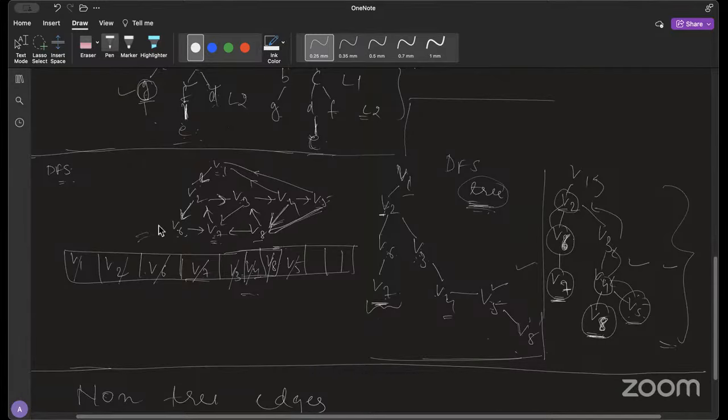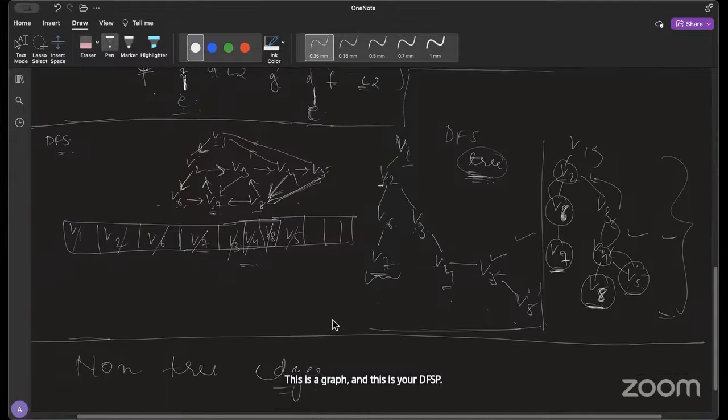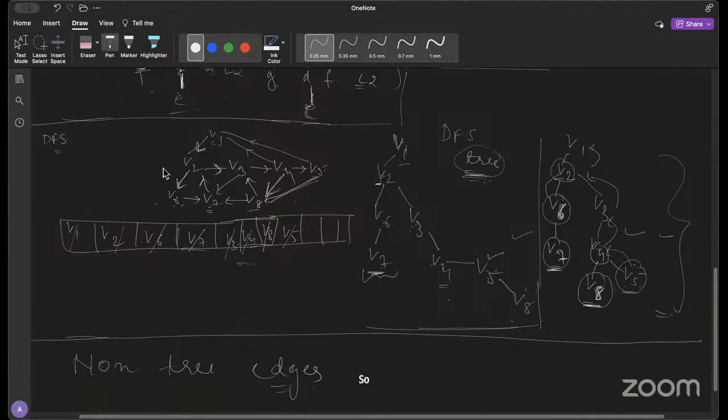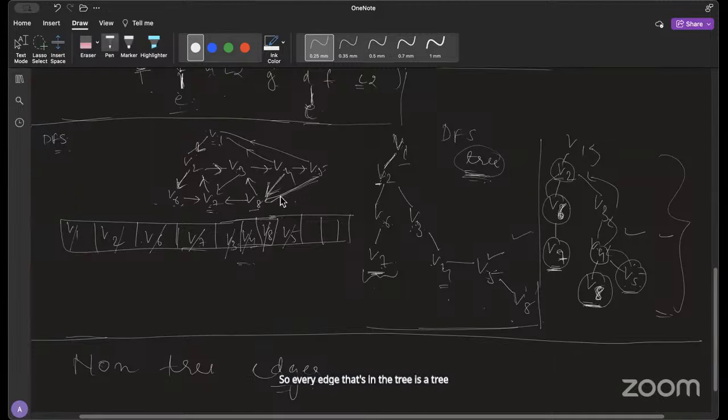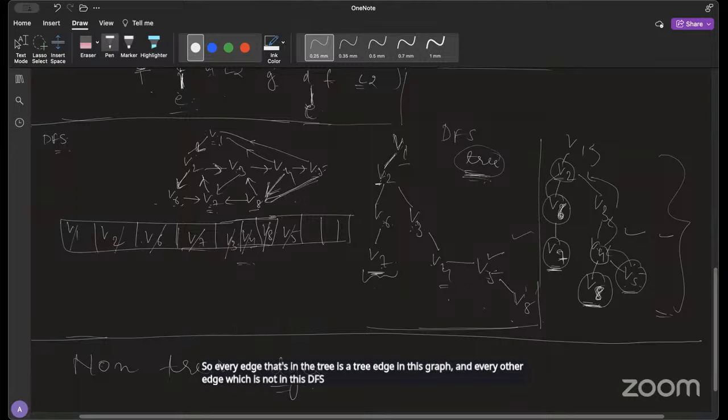Sorry, this is a graph, and this is your DFS tree. There are two types of edges here. One are tree edges. So V1, V2 is a tree edge, because it's in the tree. Every edge that's in the tree is a tree edge in this graph, and every other edge not in this DFS tree is called a non-tree edge.